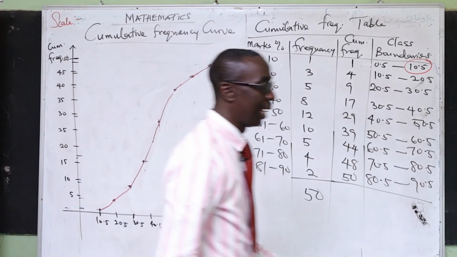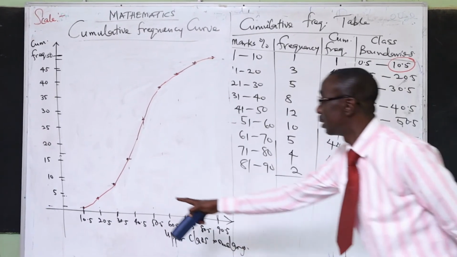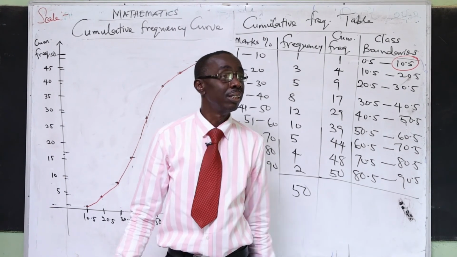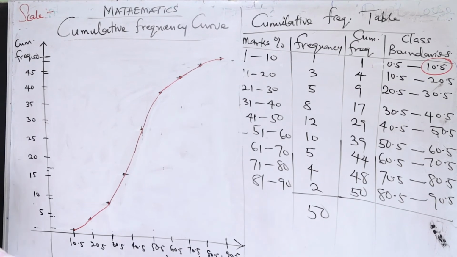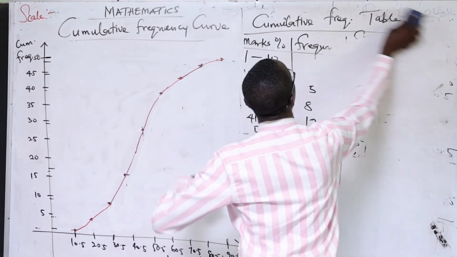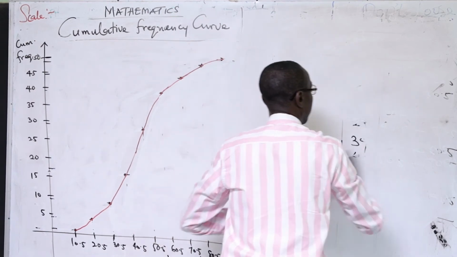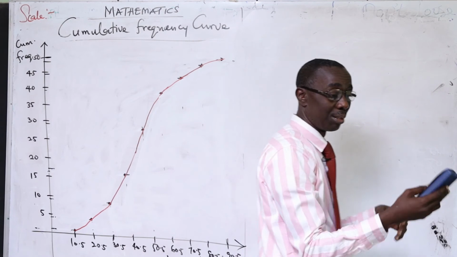Good. 10 units on the y-axis. What's the difference between 20.5 and 10.5? 10. We need to be very smart.